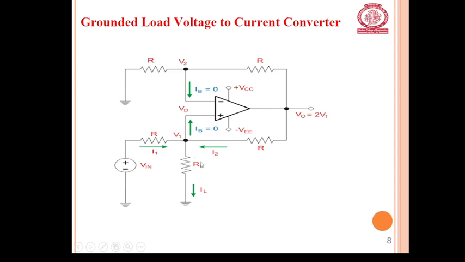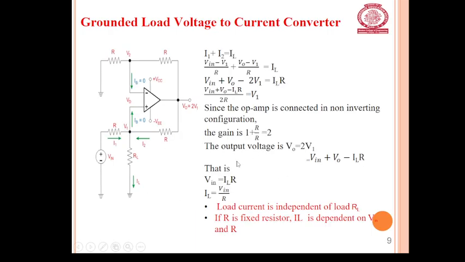In this, we can say that this IB is 0 due to high input impedance. So, the input will be converted into proportional output current.